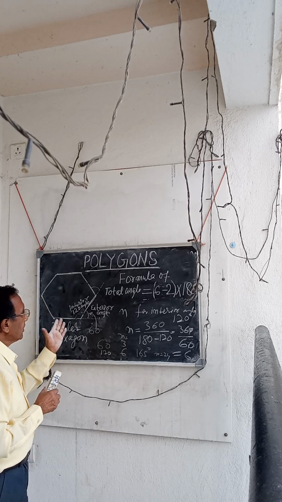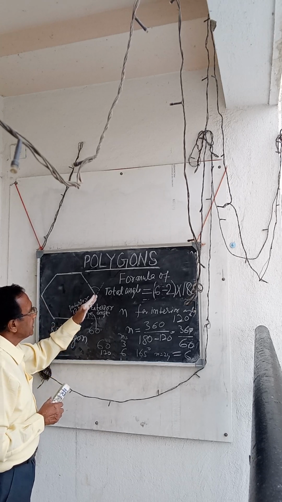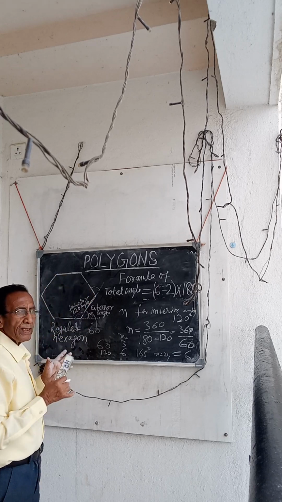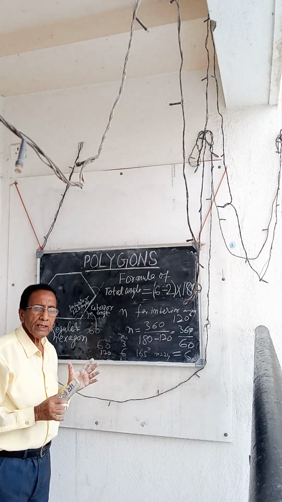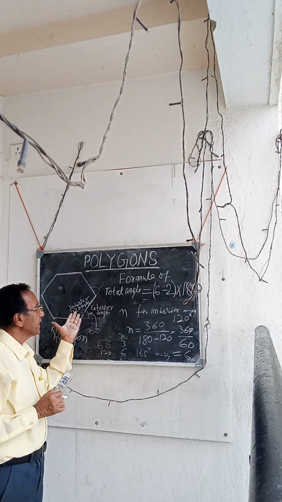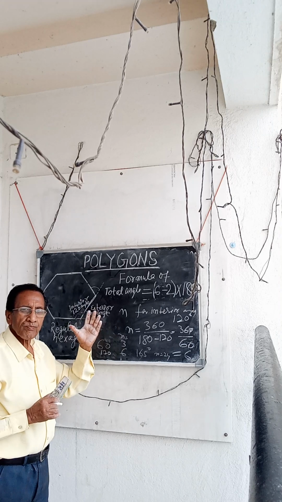So when the angle is increasing, n is increasing, and the shape and size of the polygon is also increasing. This is direct proportionality.